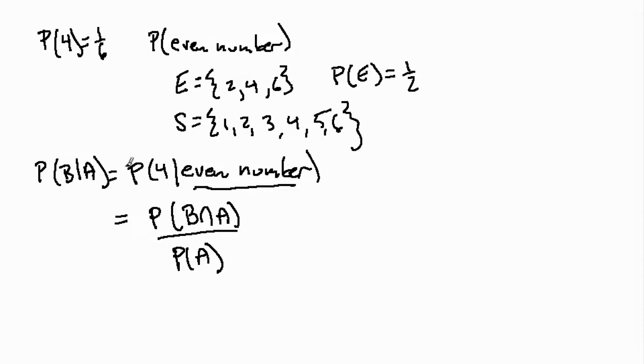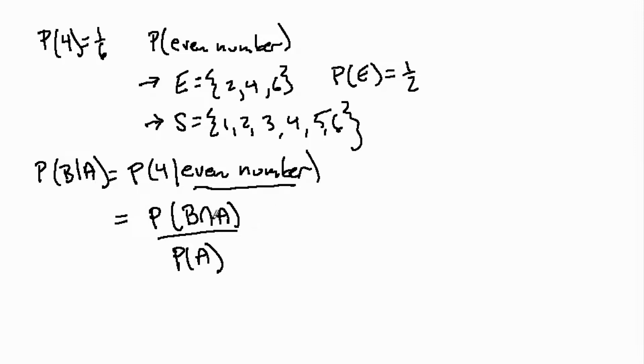Initially, if I just ask about the probability of rolling a 4, we're considering a sample space S where I could have these six outcomes. But now when I ask what's the probability of 4 given an even number, I am reducing my sample space down to something smaller.